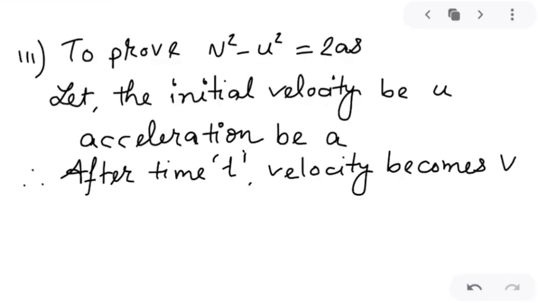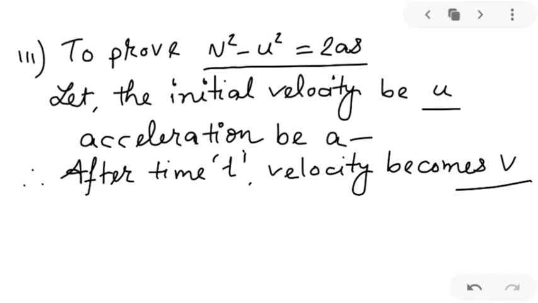Let us see the third equation of motion, v square minus u square equals twice as. We are going to prove this now. Let the initial velocity of an object be u, moving with an acceleration a, and after time t the velocity of the body becomes v.